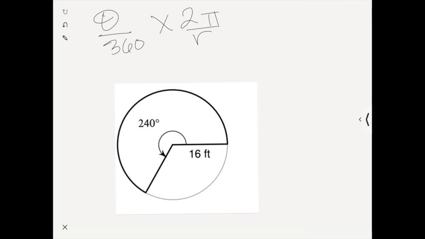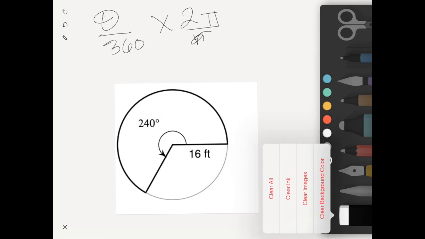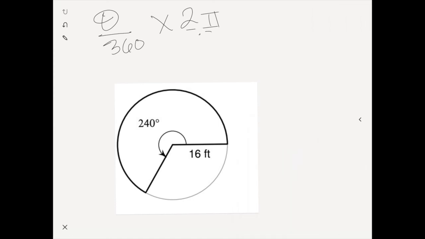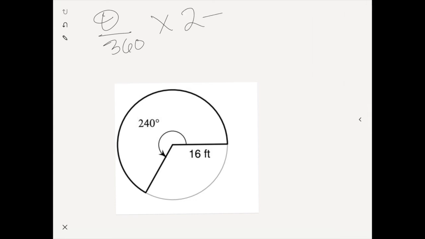So theta over 360 times 2 pi r. Let me erase this. It's not 2 pi over r. It's actually 2 pi times r. So it's theta over 360 times 2 pi r. Remember, theta is the angle, and this formula is when theta is measured in degrees.